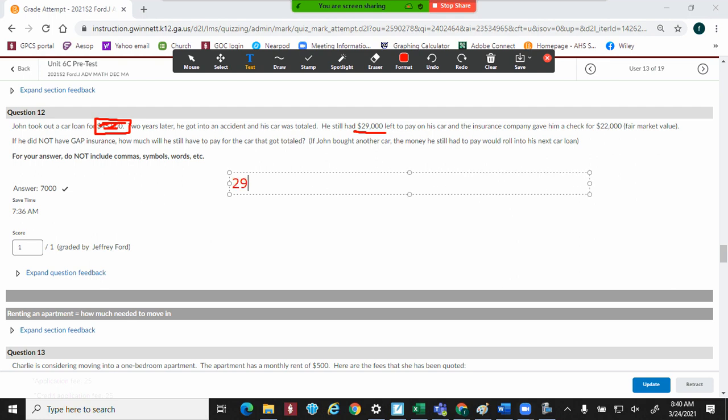So he still owed $29,000. Okay, he got into a car accident, and the insurance company gave him a check for 22,000. So he got 22,000, which means I'm basically just going to subtract that, and he still owes $7,000.